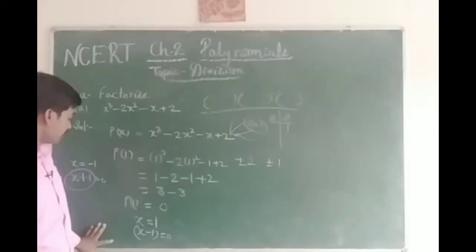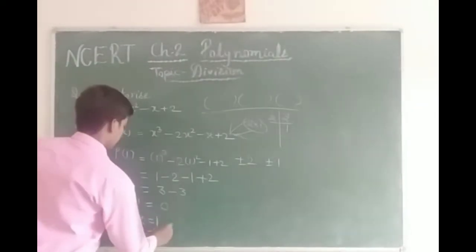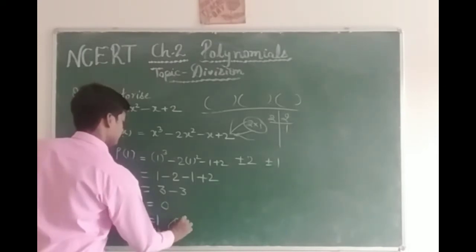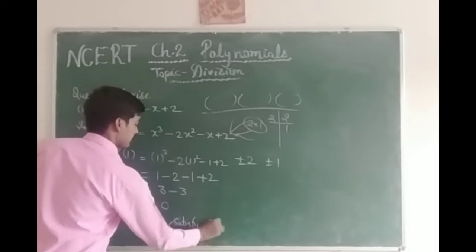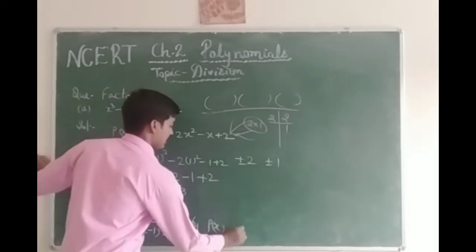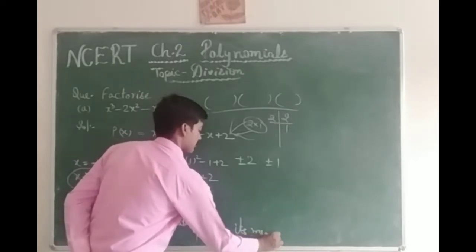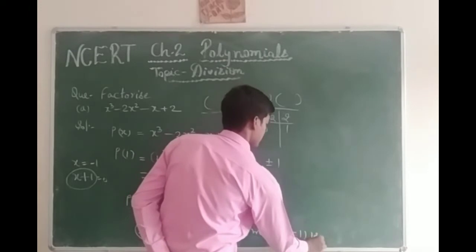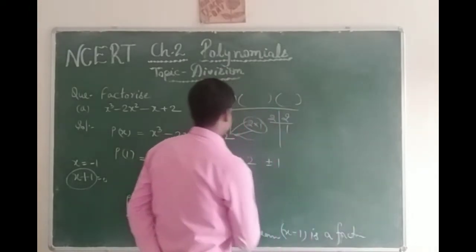So now we write: x equals 1 satisfies p(x). It means x minus 1 is a factor of the given binomial.